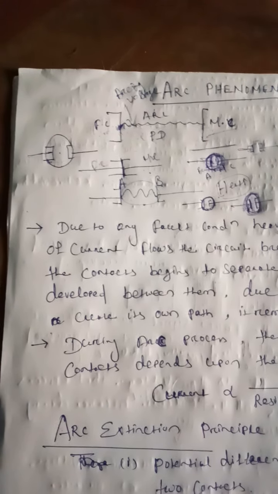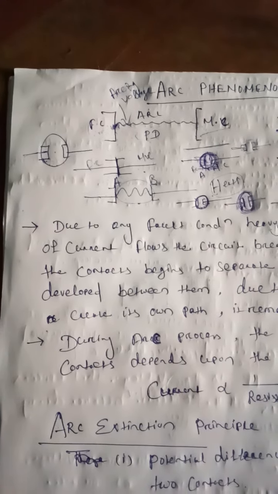Third method is reducing the cross section of the arc. If we reduce the cross section of the arc, then we can also achieve high resistance.